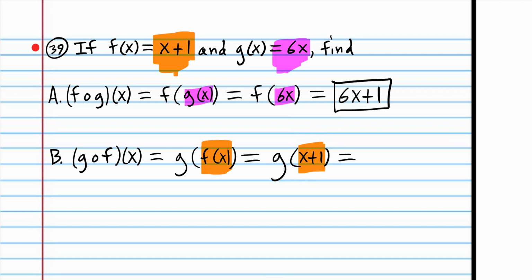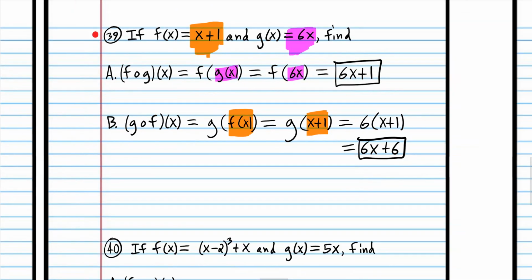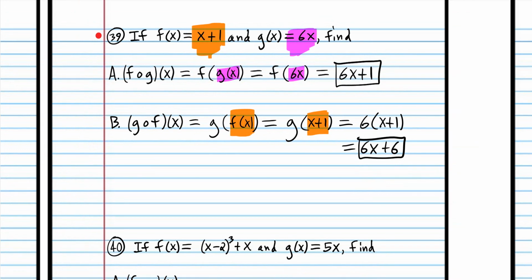There's a lot of different ways to think about this. So I'm writing the purple expression, but instead of x, I'm writing x plus 1. I just substituted x plus 1 for x. Again, a lot of different ways to think about this. But you need to get used to how to do this type of problem. These are called composite functions.